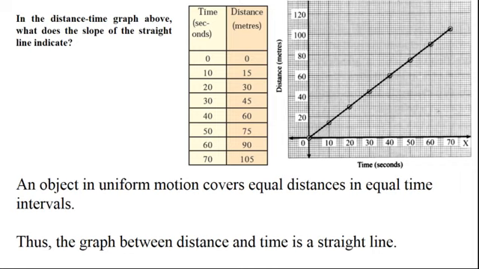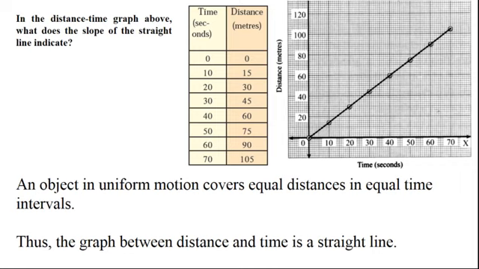The definition says that if an object covers equal distances in equal intervals of time, then you can say that the object is in uniform motion, and the same condition appears here. The conclusion of this graph is that the graph between distance and time is a straight line. What does the straight line indicate? It shows uniform motion. The object is in uniform motion.